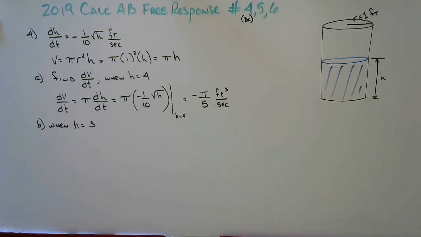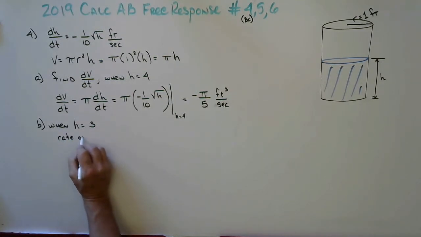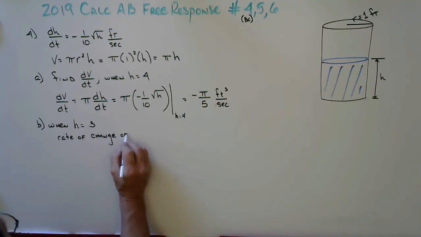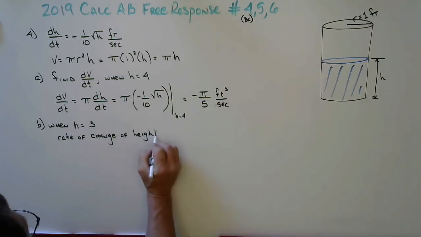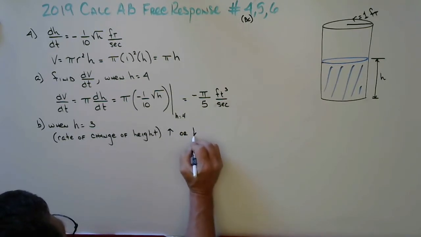Now, to tell if something is increasing or decreasing in calculus class, you take its derivative. But we have to be careful with our vocabulary here. They asked us, is the rate of change of the height increasing or decreasing?